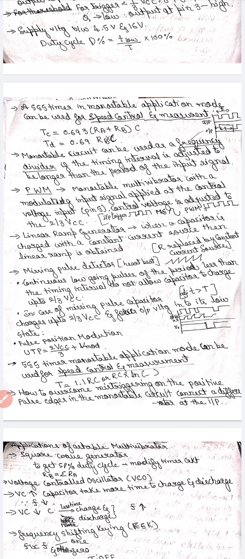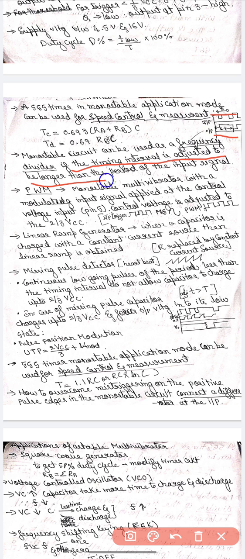You can observe the figure there, the input signal and the output. If you compare the T value, the timing interval must be longer than the period of the input signal, only then can we use it as a frequency divider.